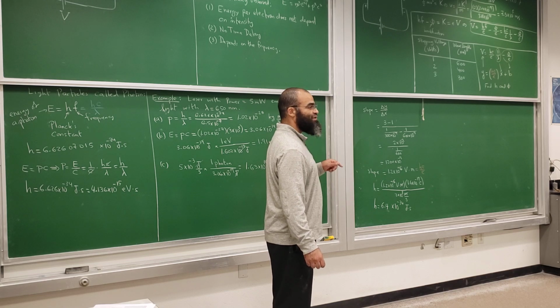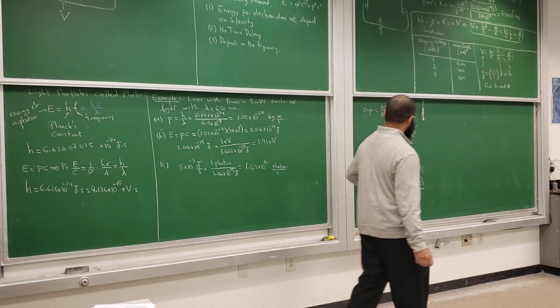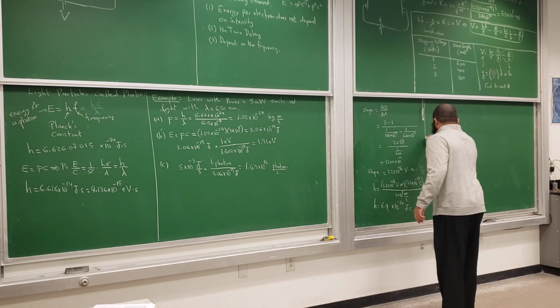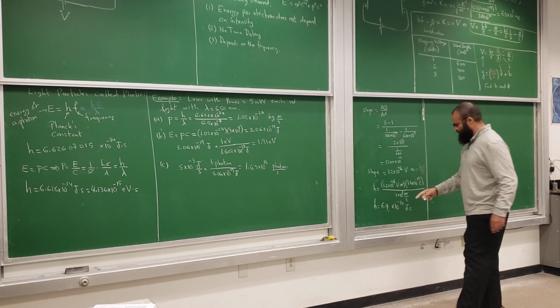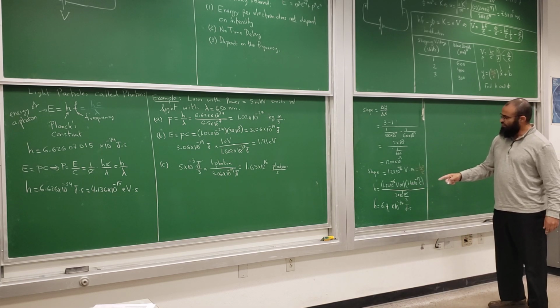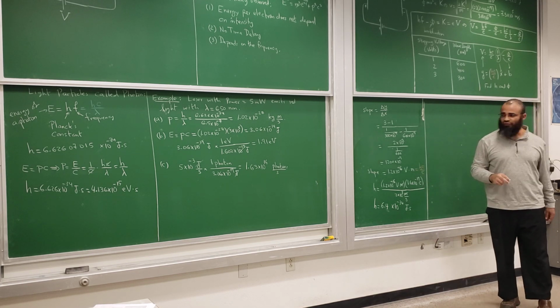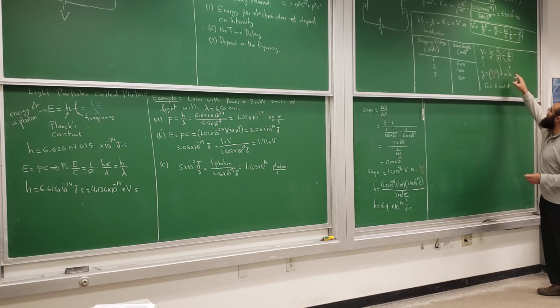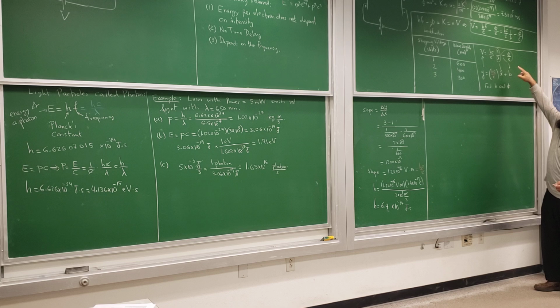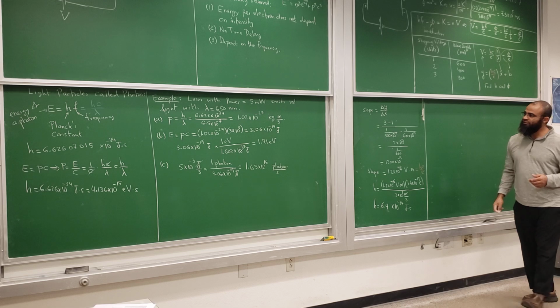Now the last one, I didn't anticipate this one to take that long. The last one is this: what's the work function? How do you get the work function? Well, if I find the y-intercept, it's equal to negative the work function over e, right? So how do I get the y-intercept?